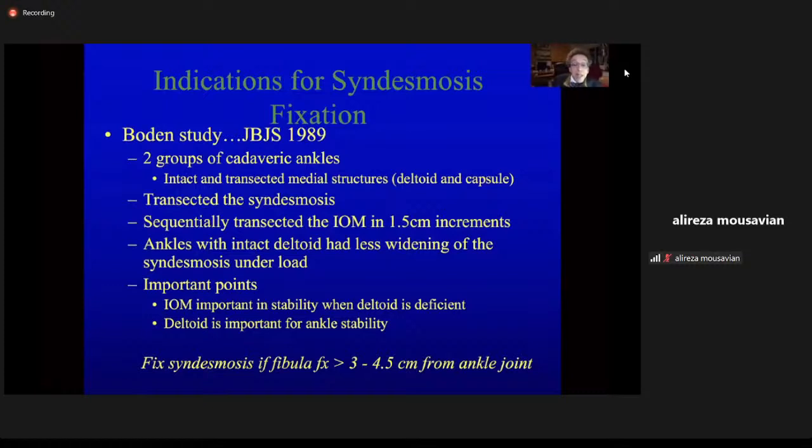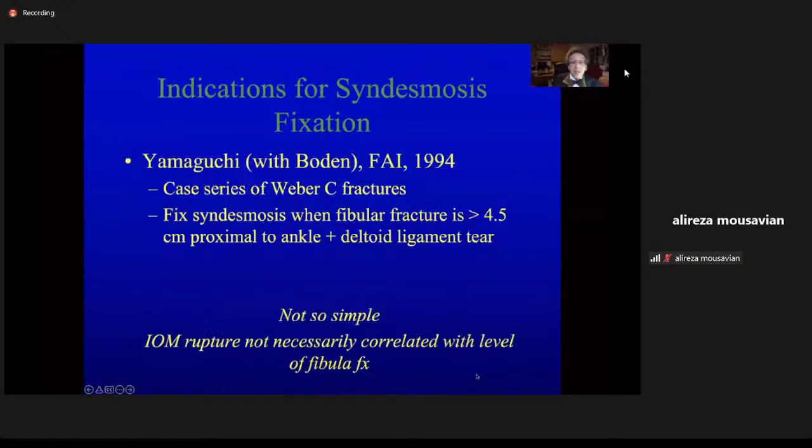And oftentimes I am also fixing the deltoid. Certainly from Bowden's study, we found that the syndesmosis is going to be ruptured as you are higher and higher from the ankle joint. So over 3 to 4 millimeters from the ankle joint, you will need to fix the syndesmosis.